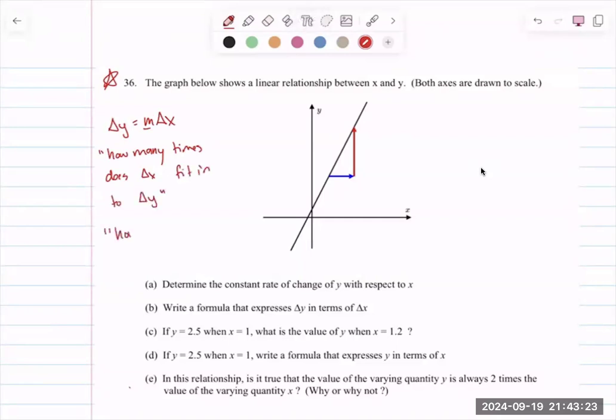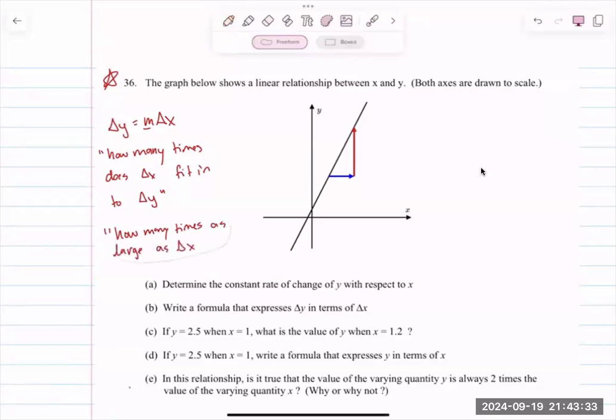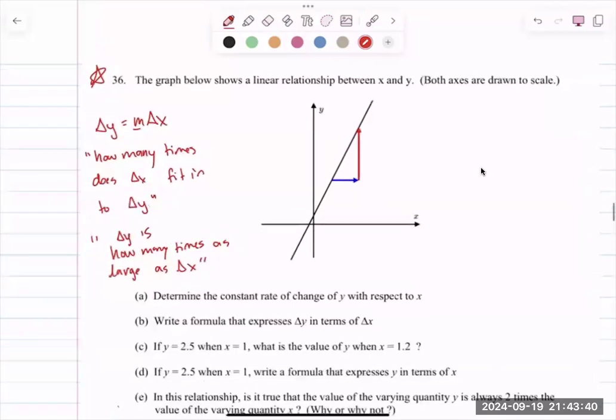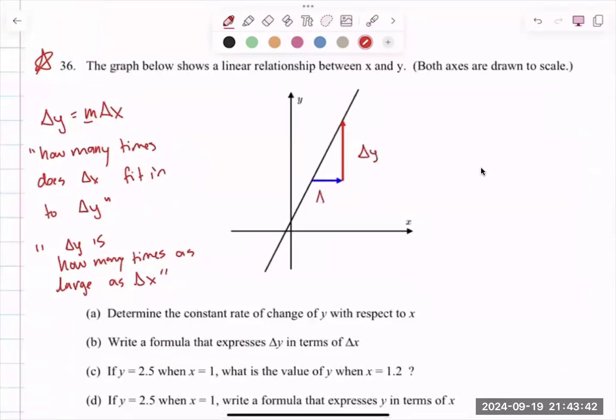Or, I'm going to write it like this: delta y is how many times as large as delta x. In this case, here's my delta y, and here's my delta x.